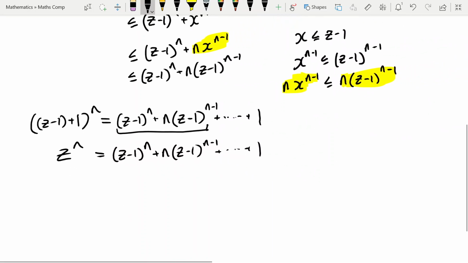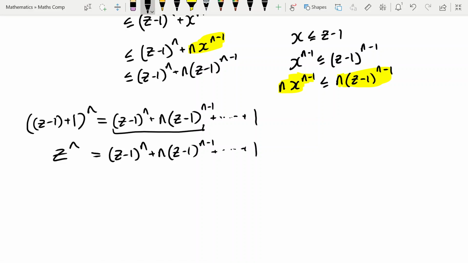We can tell from this that, I hope this is clear and you don't need to prove it. It probably would be satisfactory to prove it, but I don't have enough time. Z minus 1 is less than or equal to z to the n.